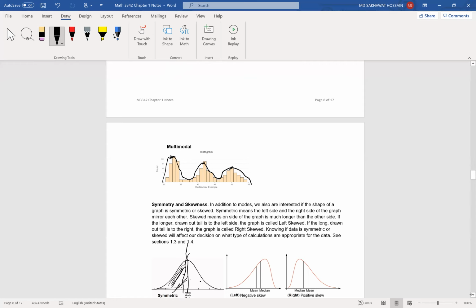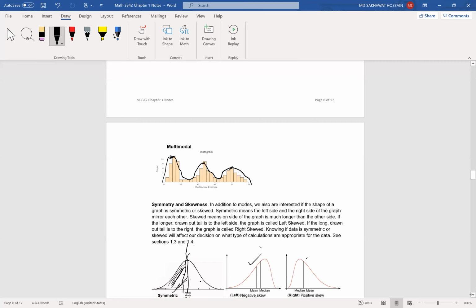So if you look at this graph and this graph, if you draw a vertical line in the middle, then you can see that they are not symmetric, right? That means they are skewed. There are two types of skewness: left skewness and right skewness.